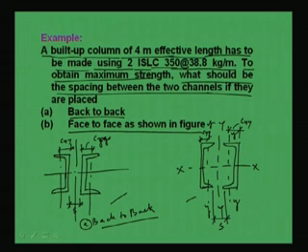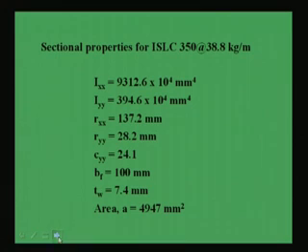So, this spacing we have to find out. That means for obtaining maximum strength, what should be the spacing with these two orientations, that we have to find out. So, what we will do first? First we will find out the sectional properties for ISLC 350 at rate of 38.8 kg per meter.